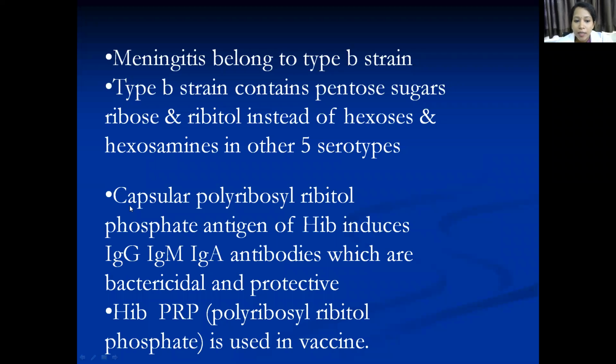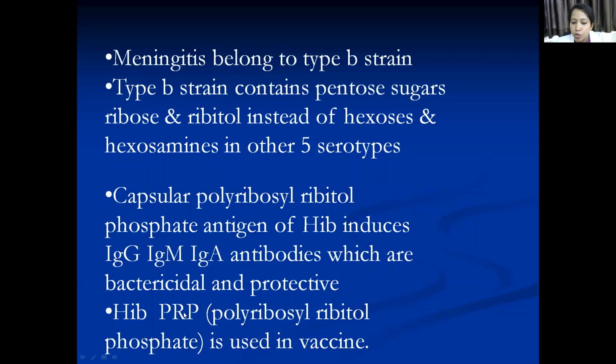Now, what is the composition of the capsule? Polyribosyl ribitol phosphate, PRP. Remember this. This is the composition of the capsule of Haemophilus. Why is it important?